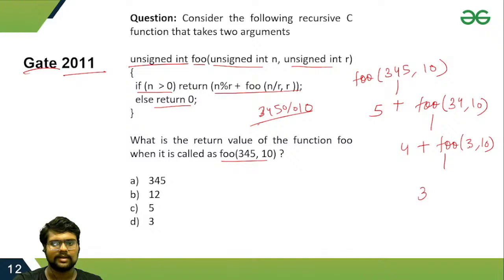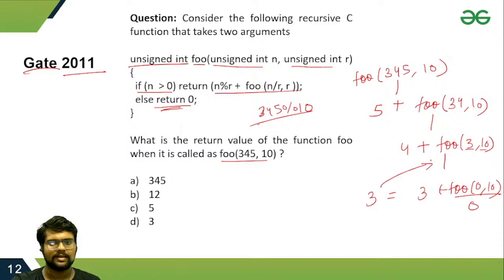We have taken the modulus of 3 and 10. Okay, then foo of, when we divide 3 by 10, it will be 0 comma 10. And since n is not greater than 0, so 0 will be returned. So the value of this will be 0. So 3 plus 0 will be 3, and 3 will be returned here.